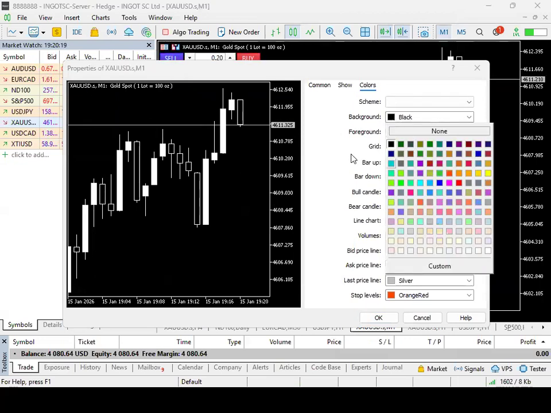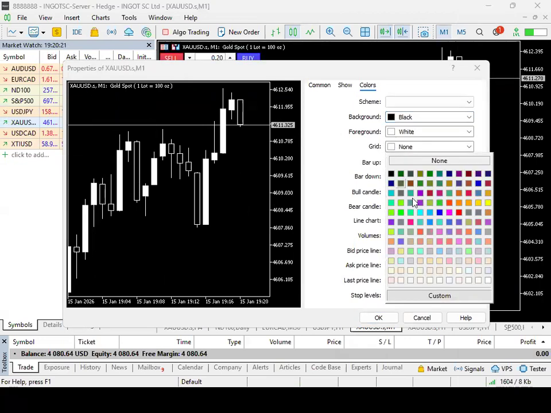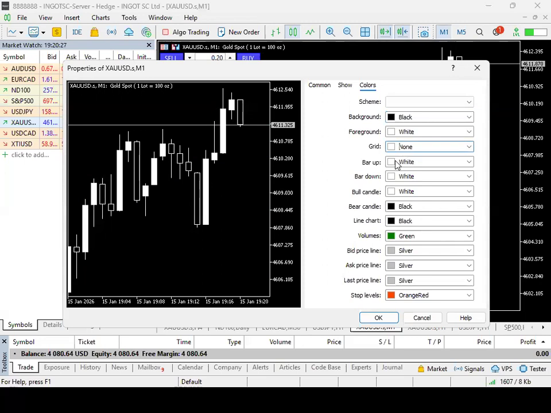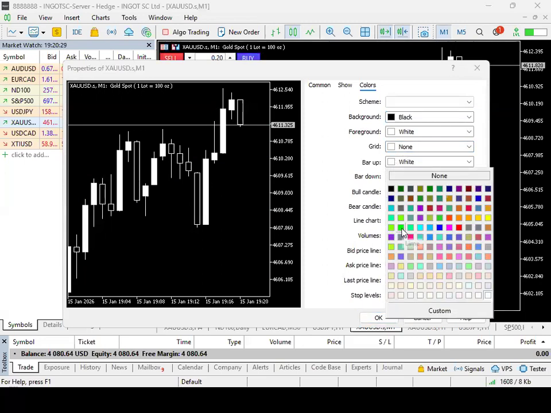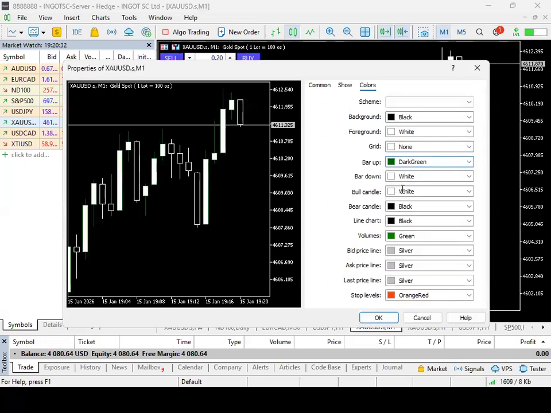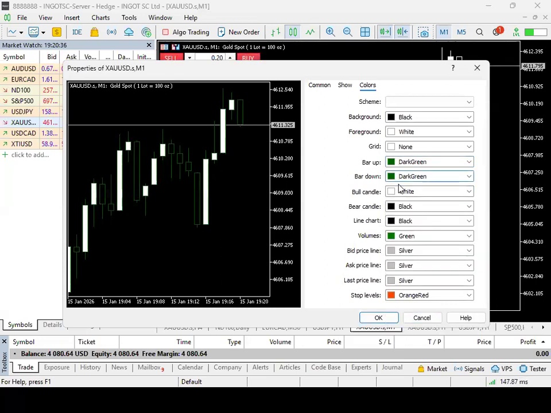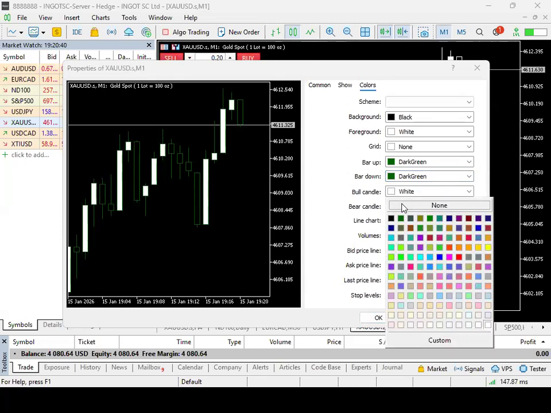All right. Allow me please to go back to my original colors. I really love those colors. Let me just retain my bullish, my green candlesticks and bullish candle.